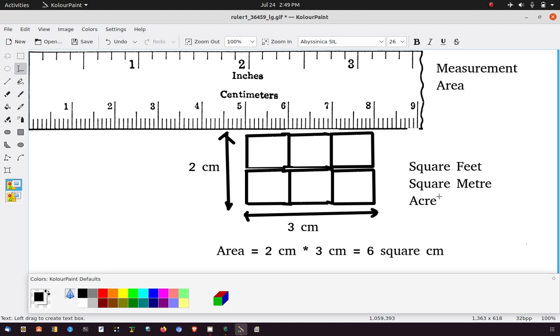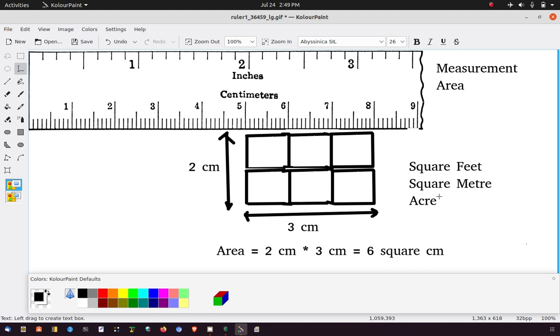Now, these are commonly used units of measuring area. So area is really, in my words, the amount of surface, whether on a land or a wall or a floor of a building, whatever it is, how much surface, the magnitude of that surface.